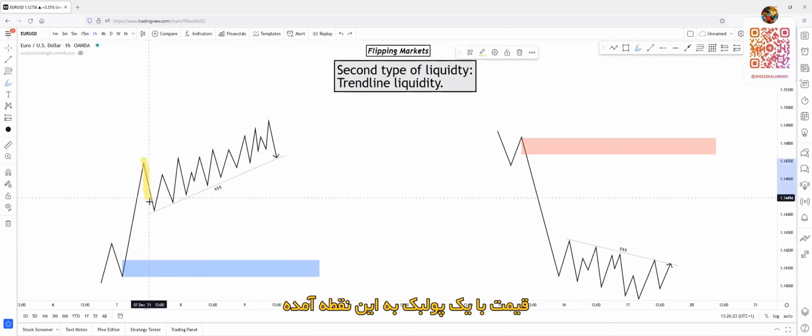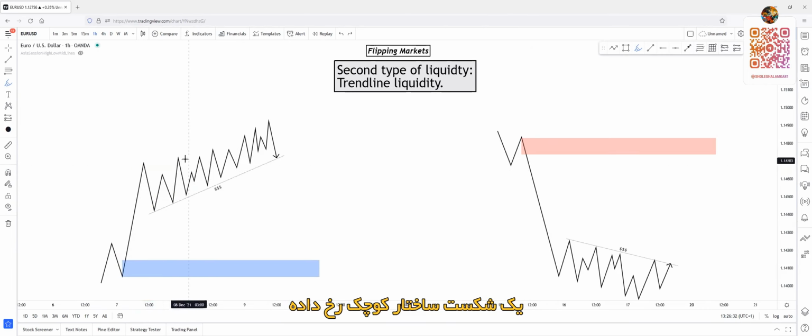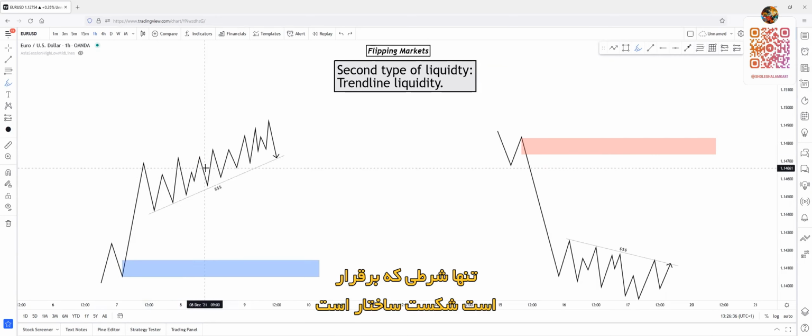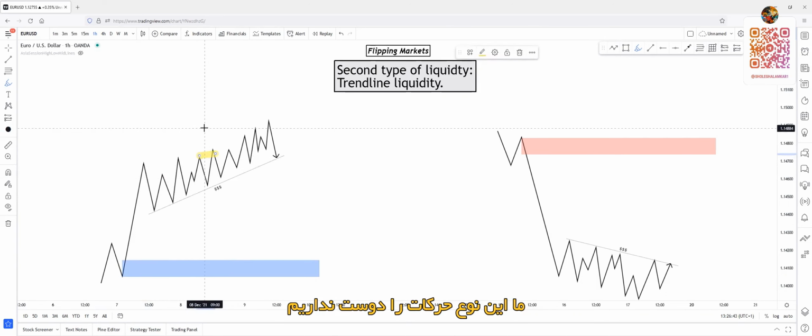Price arrived in this phase with a pullback. And after the pullback, price started to form small, efficient movements to the upside, small little breaks of structure, zero liquidity sweep. So the only criteria here is the break of structure, but those movements are really slow and choppy, and we do not like them.